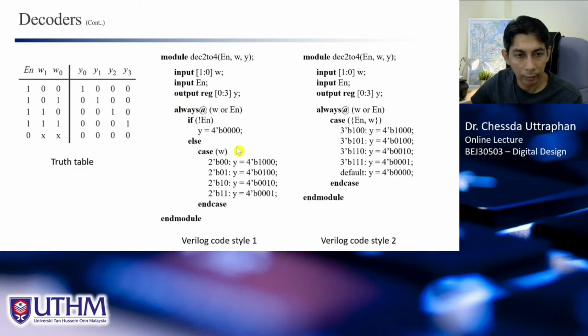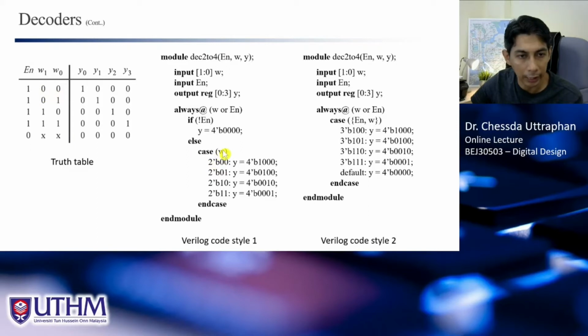And the best way is to use behavioral modeling, because we have the truth table already here. This is one way, this is another way. So the first way is to have something like this. If enable equals 0, the output Y will be equal to 0. And else, which means enable equals 1, the output Y will depend on W0 and W1.